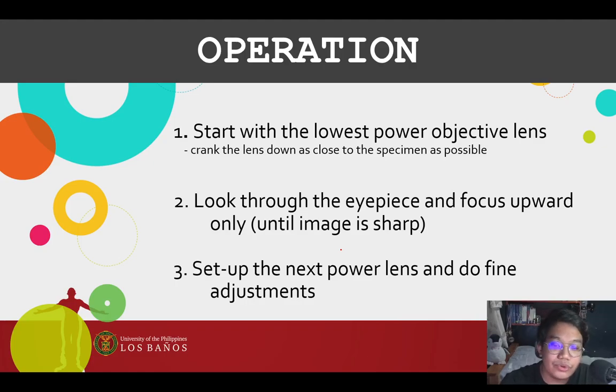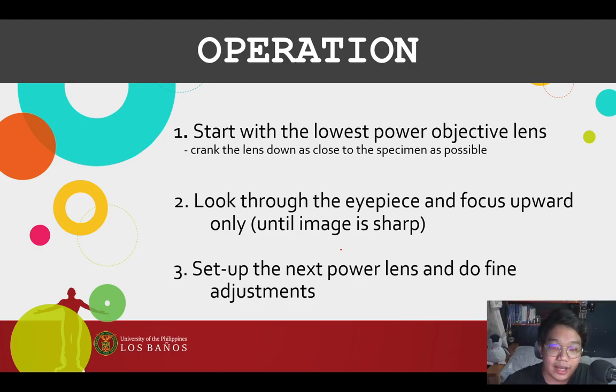Next is look through the eyepiece and focus upward only until image is sharp. Alright? So, upward na yung pag-focus natin kasi naibaba na natin yung lens ng closest possible doon sa specimen. So, kapag tumingin ka pa sa eyepiece at binaba mo pa yon, sabihin, babangga na yung lens ng objectives doon sa ating slide.